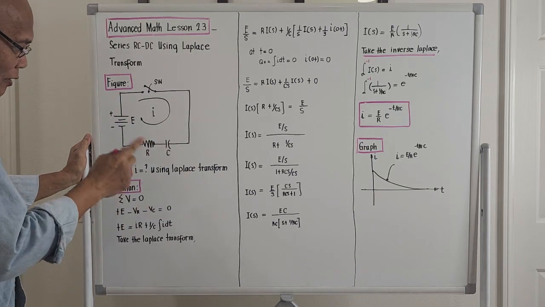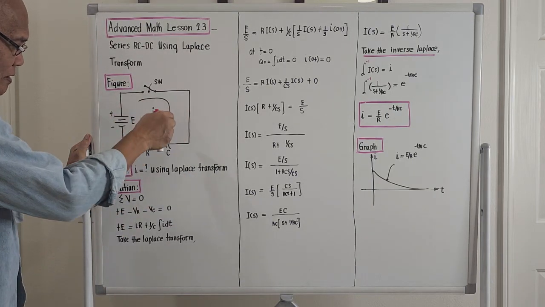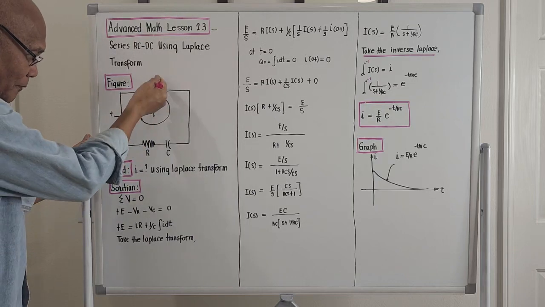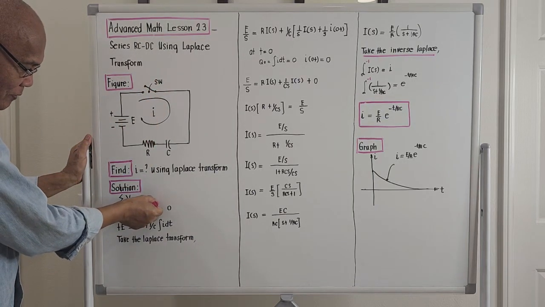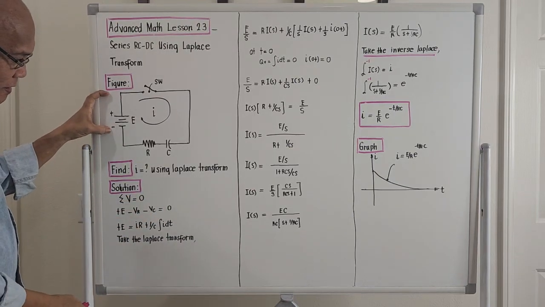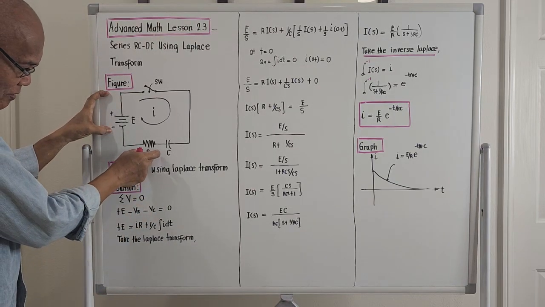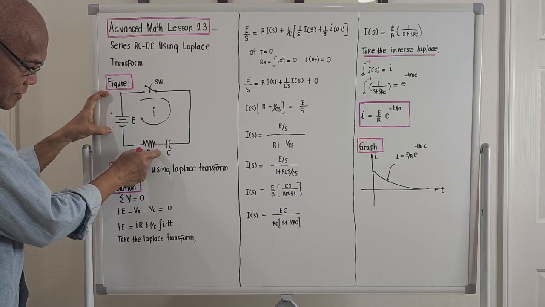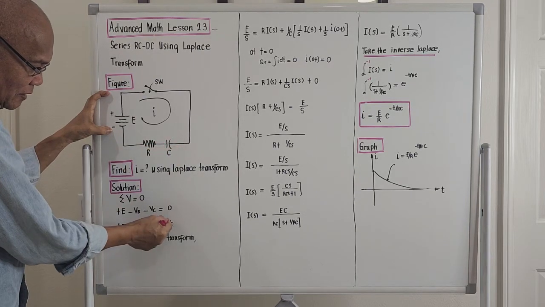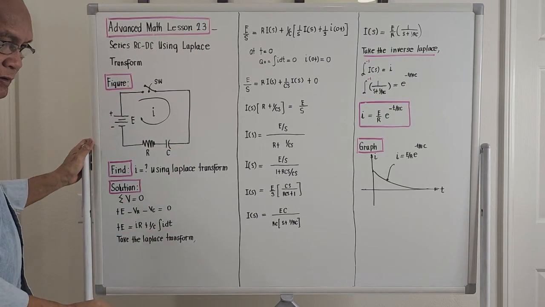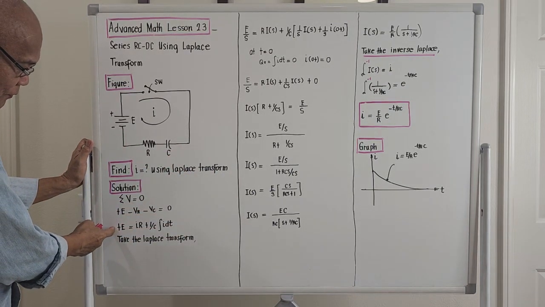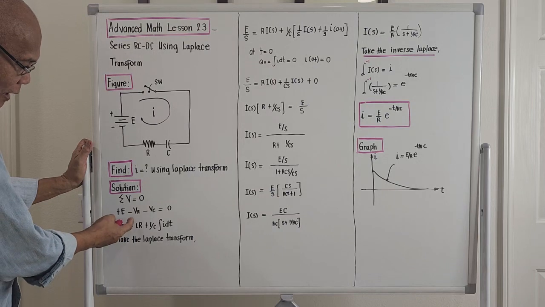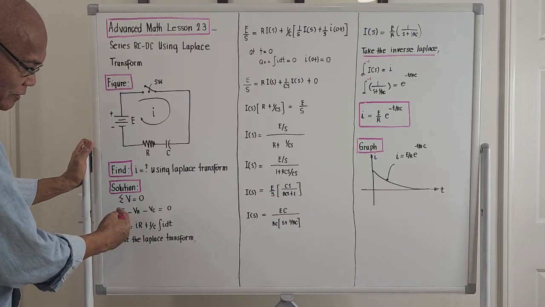As always, we will take the summation of the voltages around the closed loop upon closing the switch, meaning the summation of voltages should be equal to 0. So plus E minus V sub R minus V sub C equals 0. Substituting values, plus E should be equal to, I will transpose both negative terms to the right.